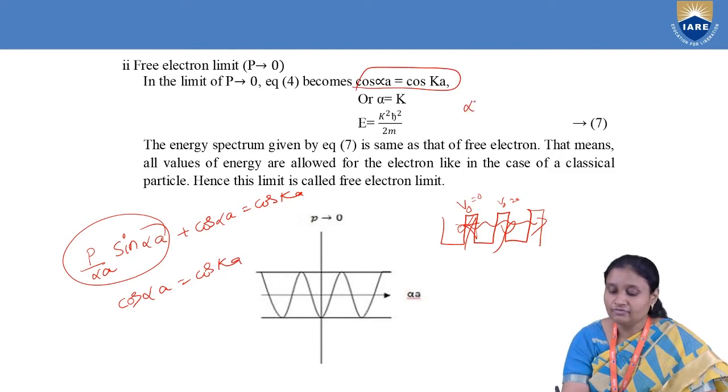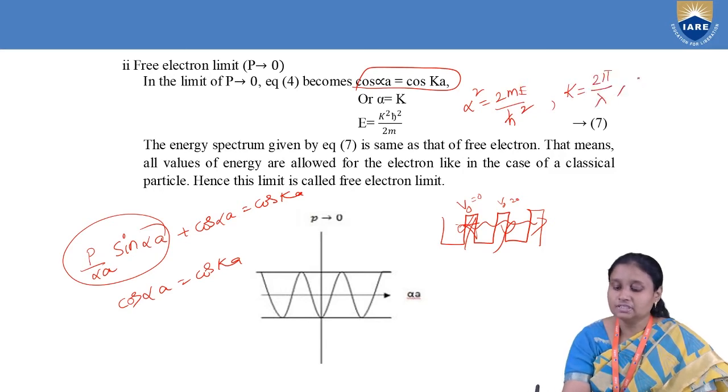And what is our alpha? Alpha square is equal to 2mE by h cross square. And what is our K? K is equal to 2 pi by lambda. And I'm substituting our matter wave equation, lambda equal to h by mv. And what is our h cross? H cross is equal to h by 2 pi.